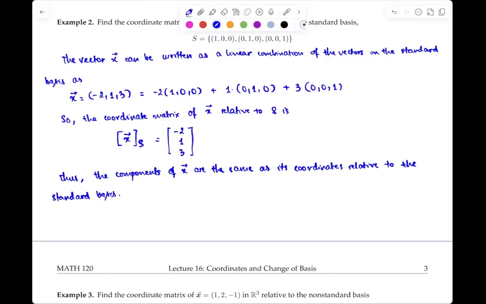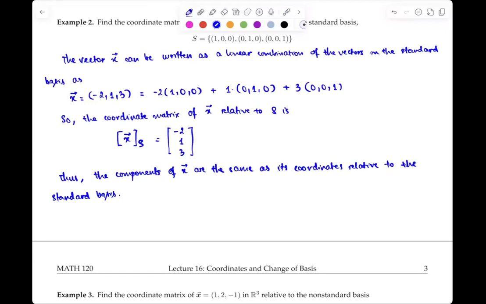Okay. All right, so we're going to continue doing some examples so that we can find the coordinate matrix or the coordinate vector, where the entries are the coefficients of the linear combinations.